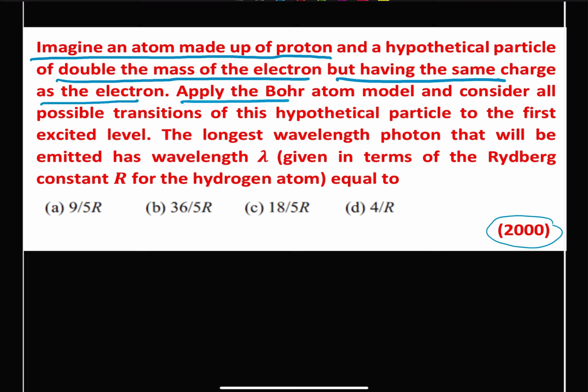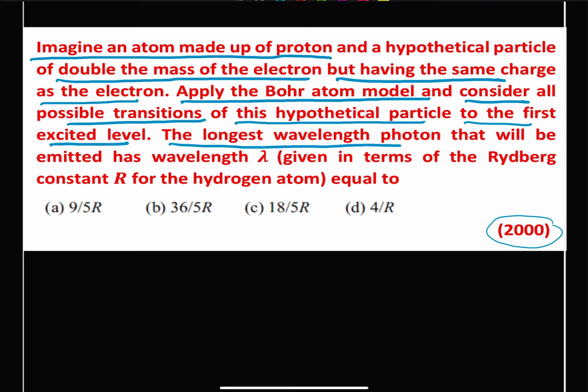Apply the Bohr atom model and consider all possible transition of this hypothetical particle to the first excited level. The longest wavelength photon that will be emitted has a wavelength lambda given in terms of Rydberg constant R for the hydrogen atom equal to.